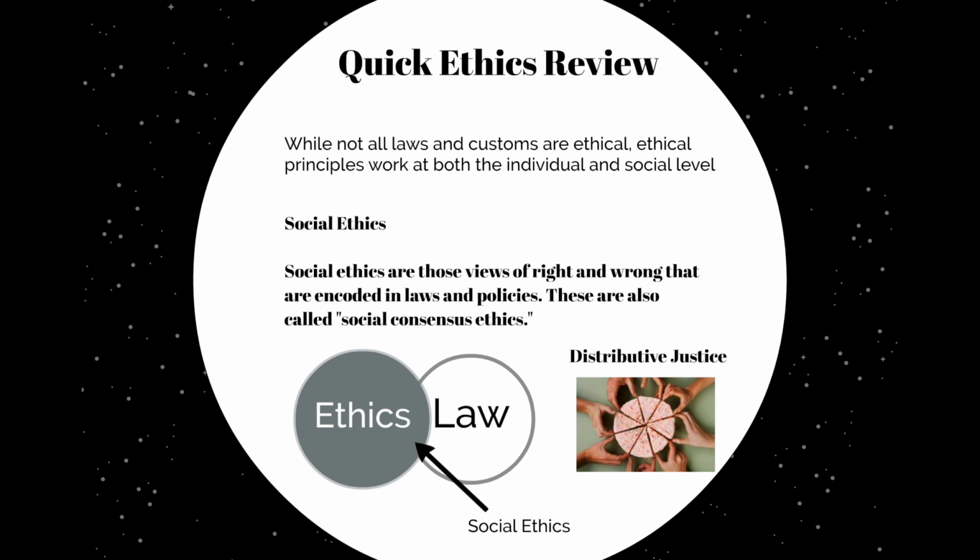We typically come together as a society to determine some basic rules of conduct. Some conduct is seen as good, whereas other conduct is seen as bad. And this is where ethics and law typically come together. So social ethics are those rules of thumb that are found where ethics and law typically overlap.